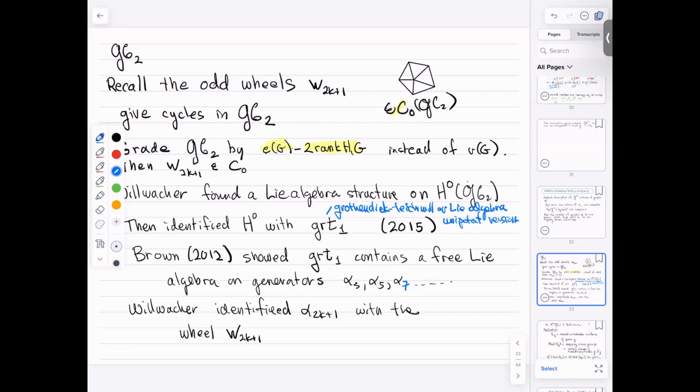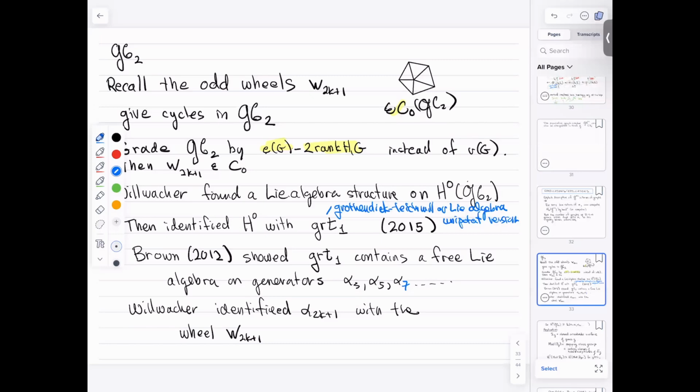And our classes, our simple cycles, these wheels turn out that Willwacher could identify them with these generators. So he proves that these wheels represent actually non-trivial cohomology classes by fairly complicated... it's easy to find a cycle. It's hard to prove the cycle is not a boundary. He proved this wasn't a boundary by doing some period integrals inspired by quantum field theory, showing that they didn't vanish. So anyway, he identified these wheels with these generators of this crazy Lie algebra.